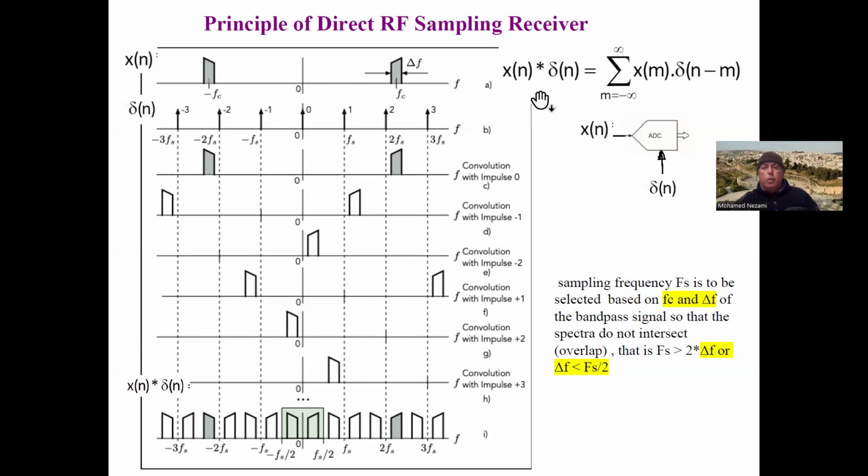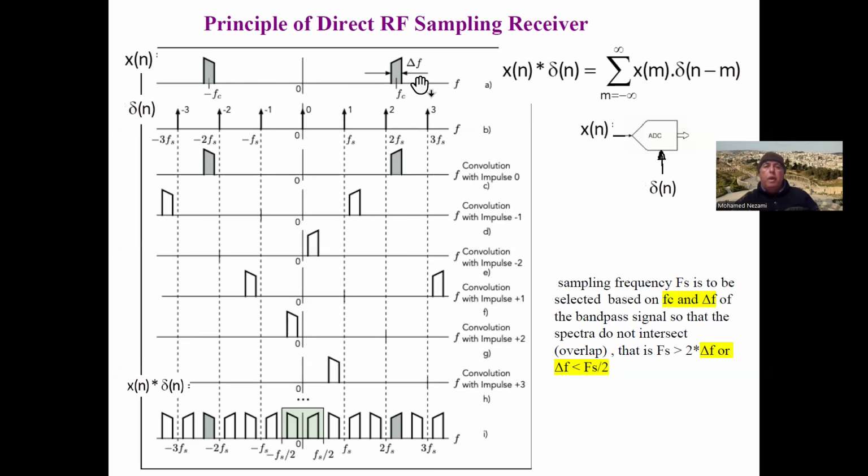So to illustrate this, let's look at this diagram. Let's assume that X of n is some kind of bandpass signal at some carrier frequency, FC. In the frequency domain, this is the representation of that sequence.